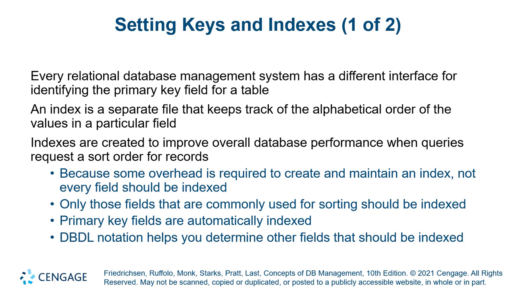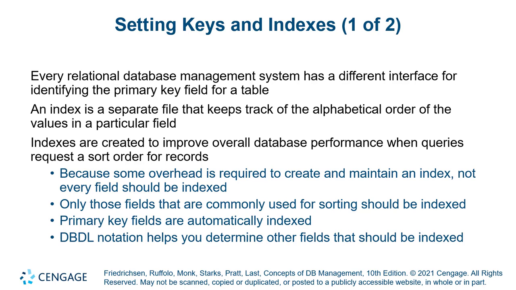So we essentially only want to create them for fields that we commonly do sorting on. An example is a primary key, but those indexes are created automatically for us, right? But other fields where we do sorting on a regular basis, those are the fields that we will typically want to create an index for.